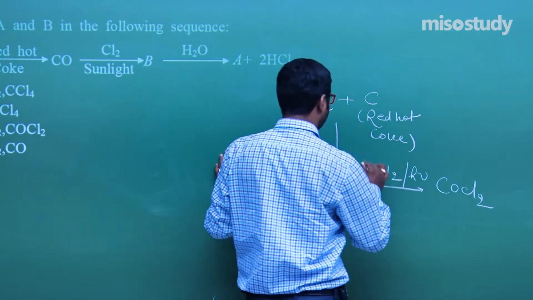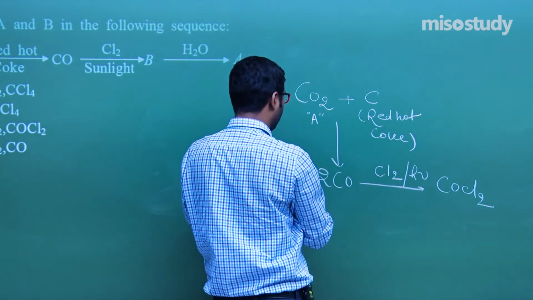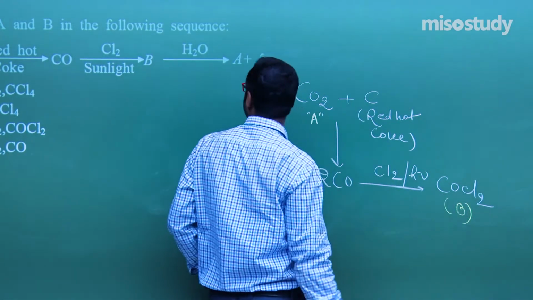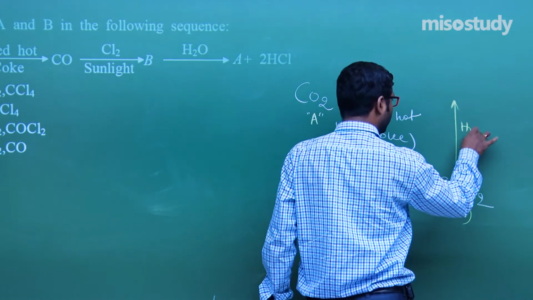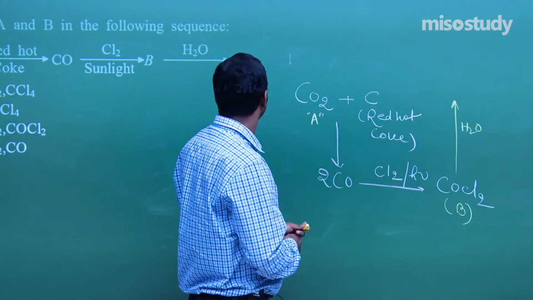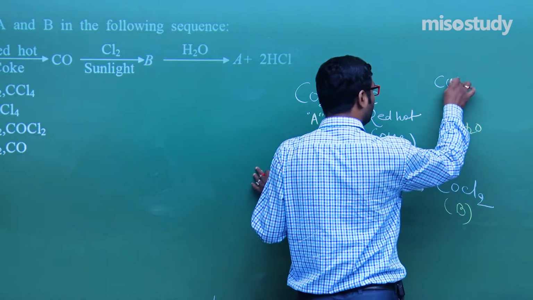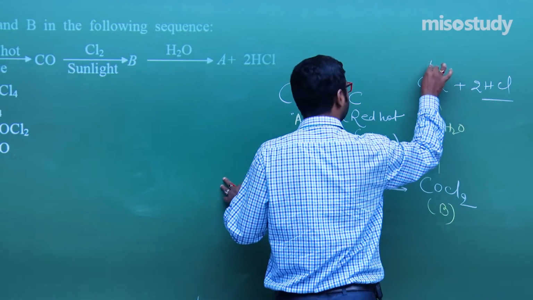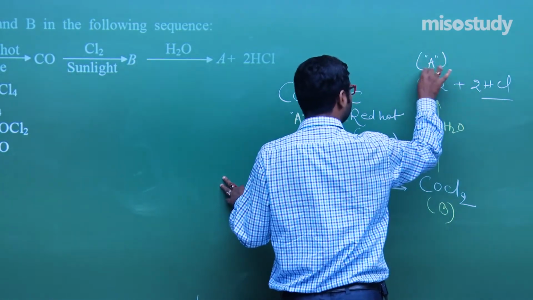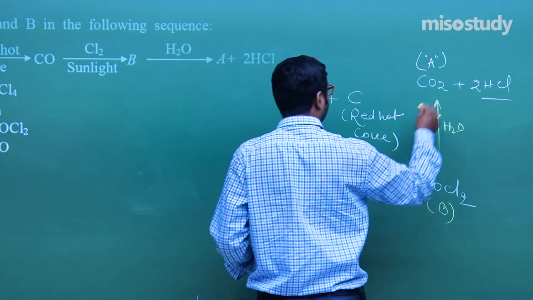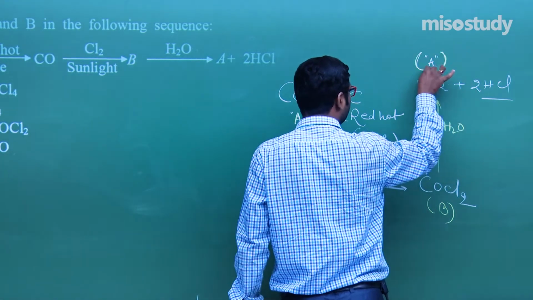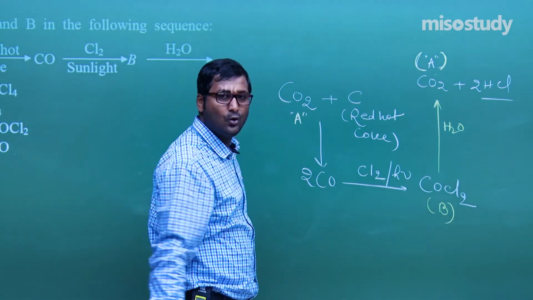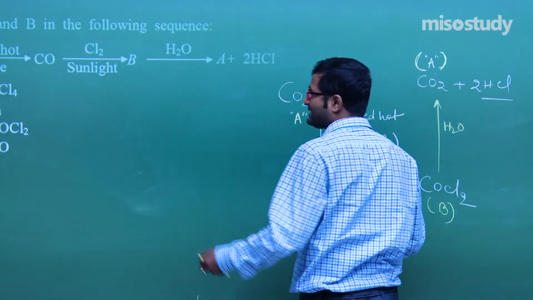This is B, and this one is A. Now this COCl2 on hydrolysis gives CO2 plus 2HCl. This one is again A. So this is the complete reaction. No need to balance, we just need to find the products here: CO2 and COCl2. Clear? So C is the correct option.